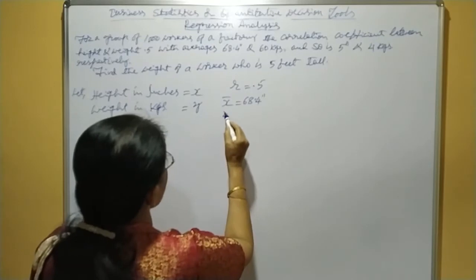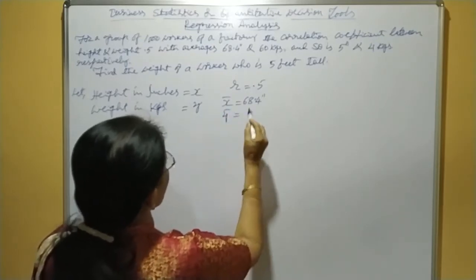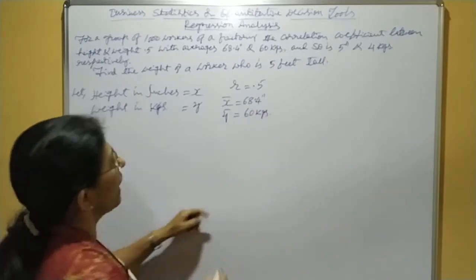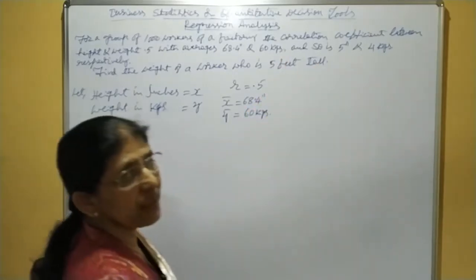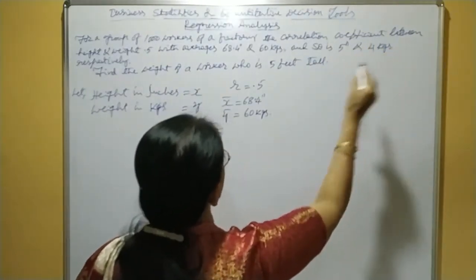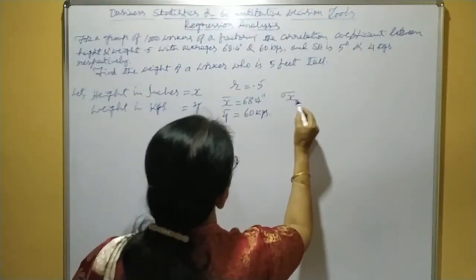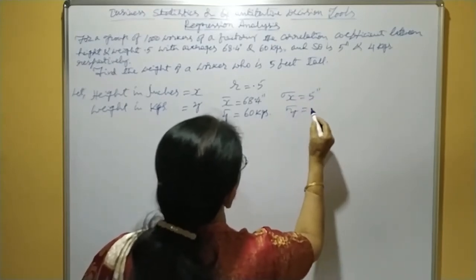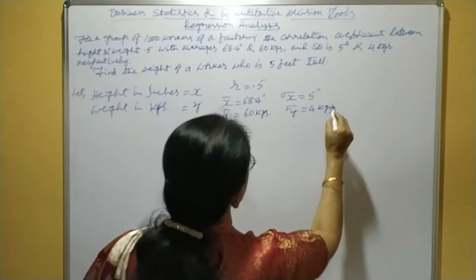That means average weight, y bar, is 60 kgs. And standard deviation is 5 inches and 4 kgs. That means standard deviation of x is 5 inches and standard deviation of y is 4 kgs.